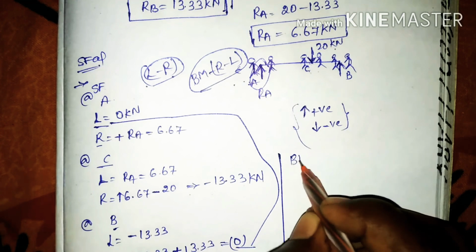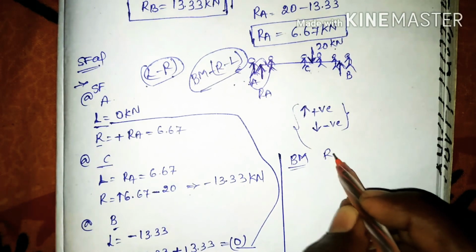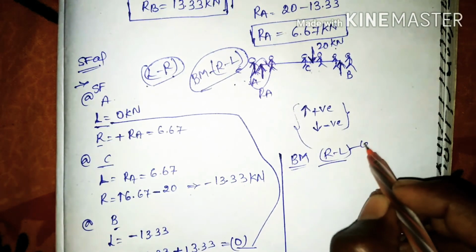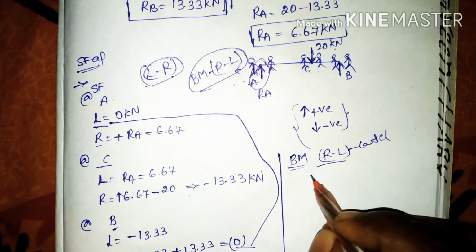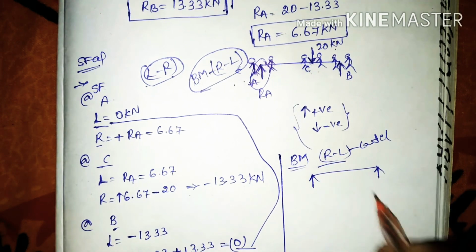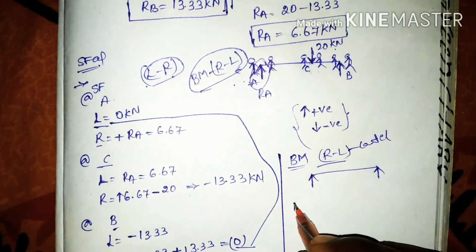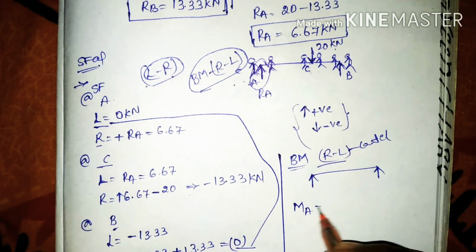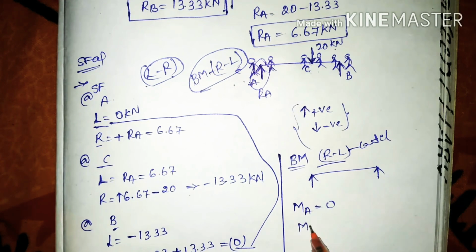And now the bending moment from right to left for the beam. Here we are having two supports. The moment at the supports is always 0; the moment about B and moment about A are zeros.